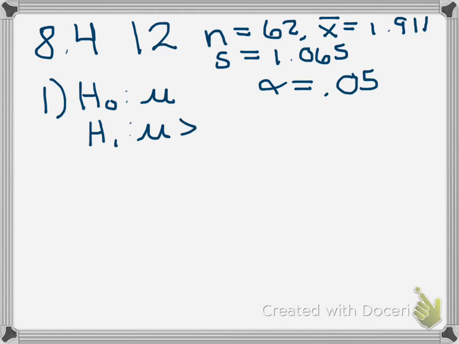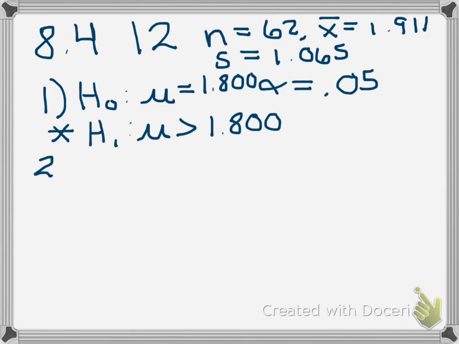So that's going to be my alternative because it's greater than 1.800. As you know, the null is always equal to, so that's going to be equal to 1.800 and an alpha of 0.05. Okay, so there's step 1. This is my claim, so I'm going to put an asterisk next to my claim.